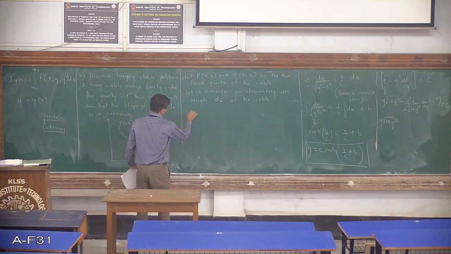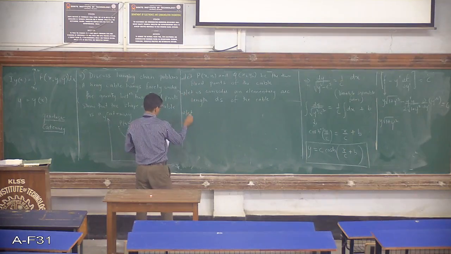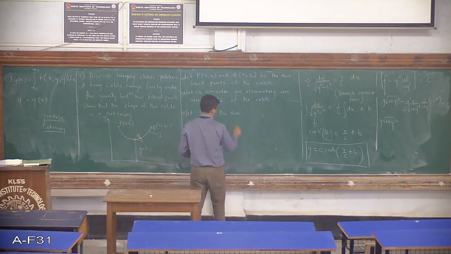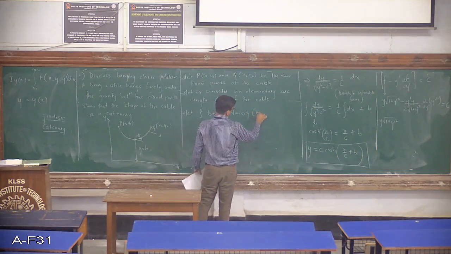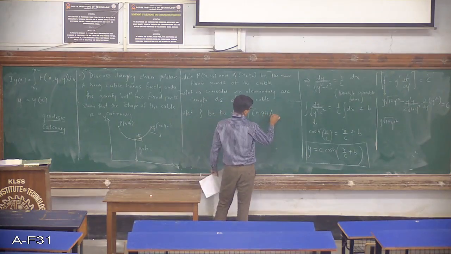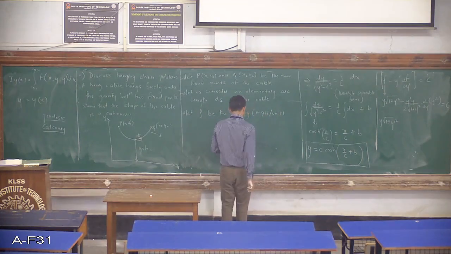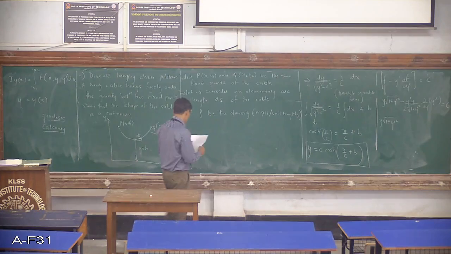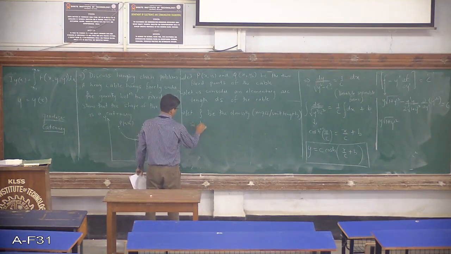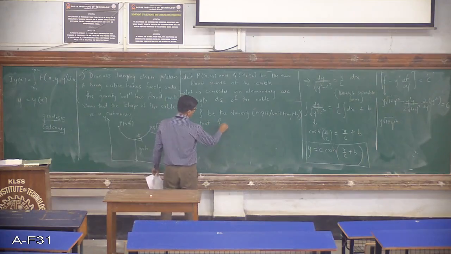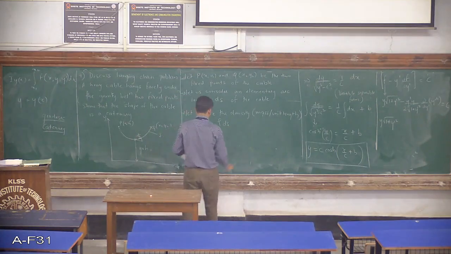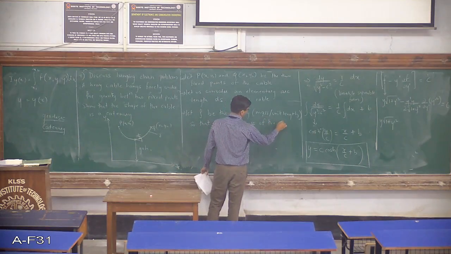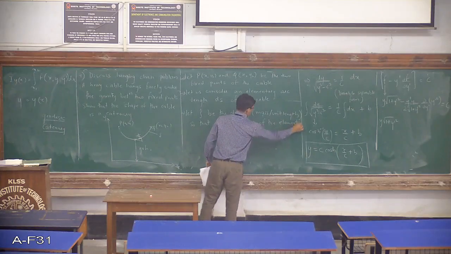Now again let rho be the density, that is mass per unit length, so that rho ds is the mass of the element.